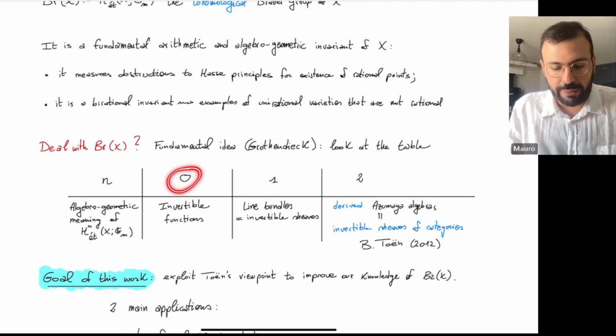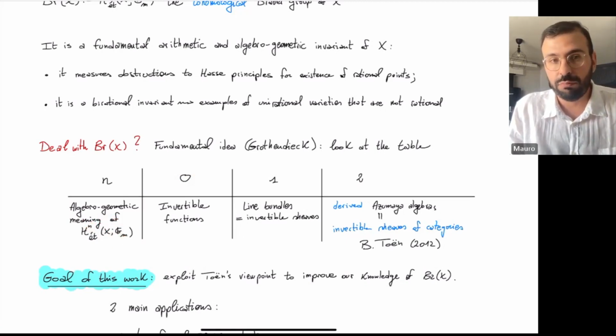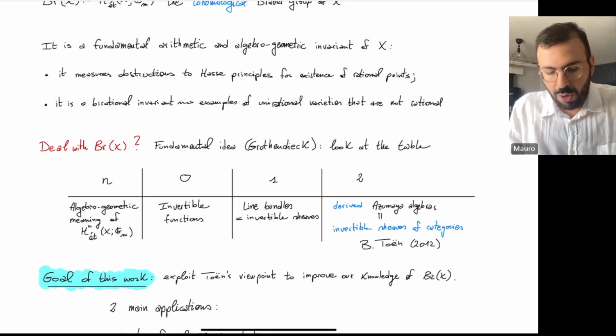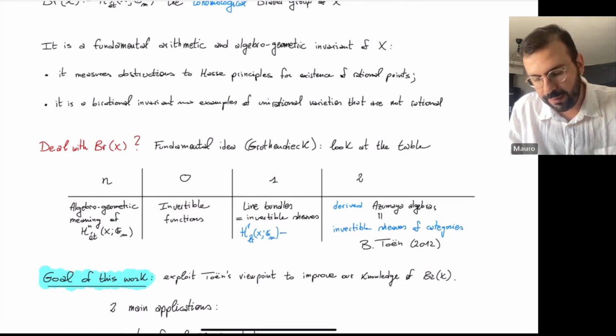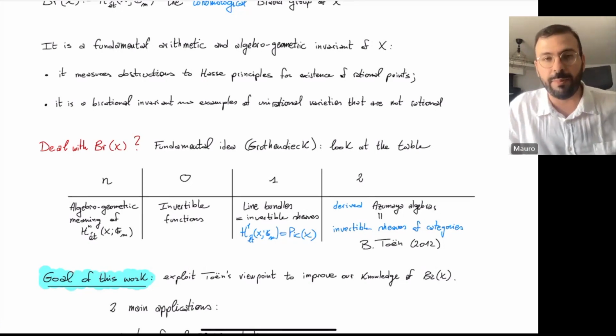So when n is equal to 0, H^0(X, G_m) are just functions that are non-zero everywhere. So these are invertible functions. When n equals 1, we get H^1_et(X, G_m), and it's a very standard fact in algebraic geometry that this gives the Picard group.